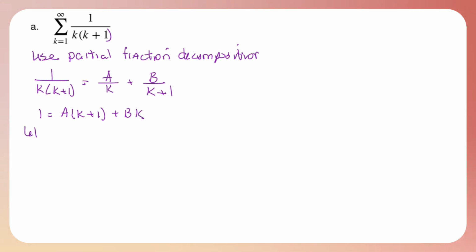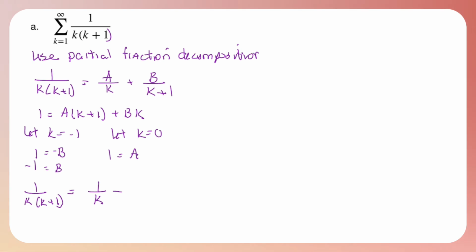And so I have a root of 0, and a root of -1 as well. So let k equal -1, and I see b is -1. And then I'll let k equal 0, and I'll see that a has to equal 1. So I can rewrite this series as the summation of k equals 1 to infinity of 1 over k plus -1 over k plus 1.